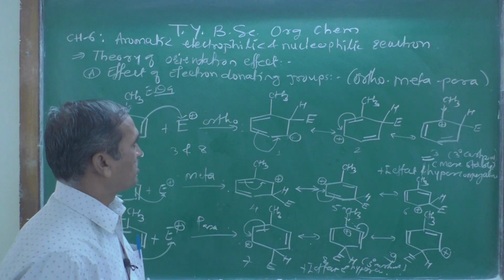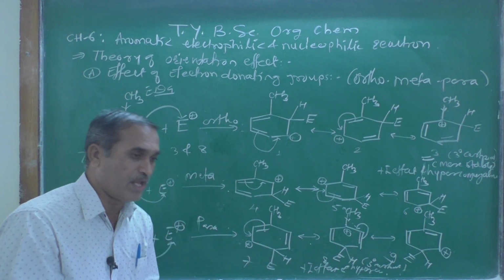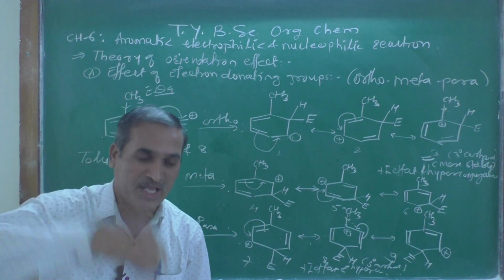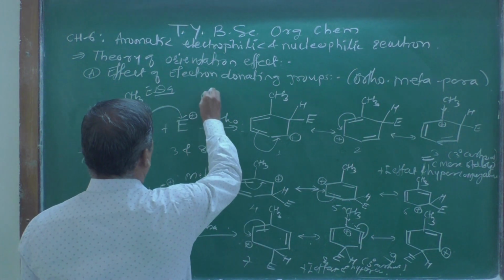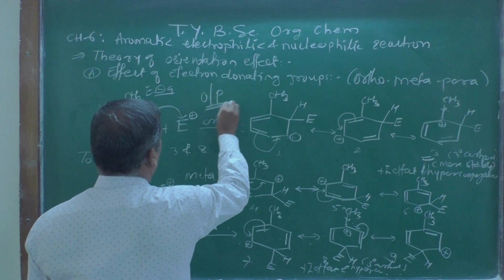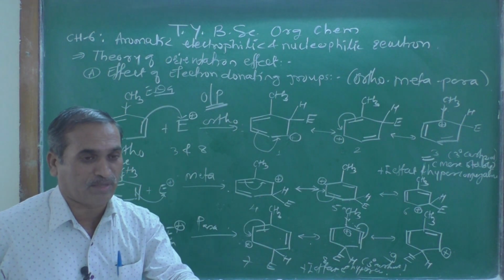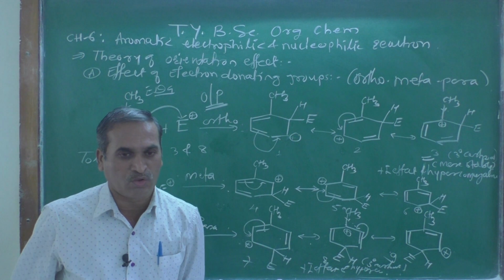Due to this reason, when an electron donating group is present on a benzene ring, it is an ortho-para director. Ortho-para director means what? The incoming group.